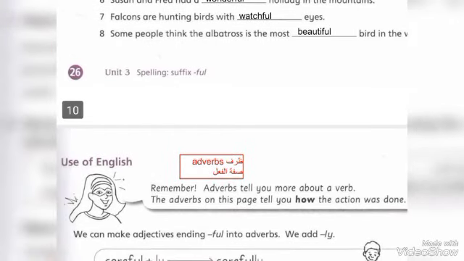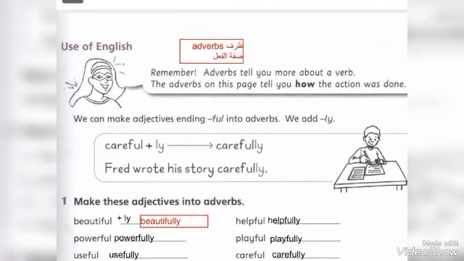Here in the next page, we add ly to the adjectives to make adverbs, as beautiful, beautifully, powerful, powerfully, useful, usefully, helpful, helpfully, playful, playfully, careful, carefully. Here, we must make changes.